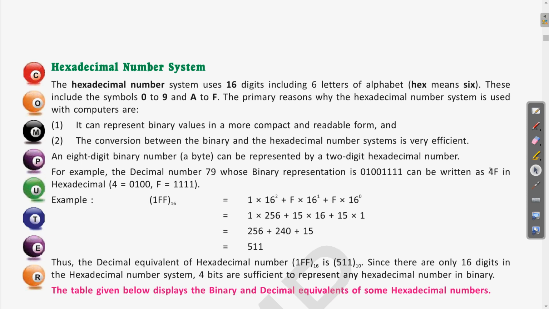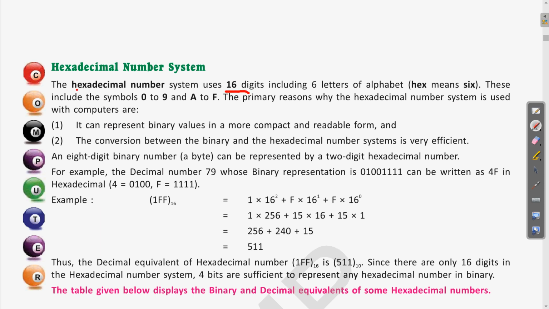So hexadecimal number system, as the name itself suggests, has 16 digits. Hex means 6 and decimal means 10. So hex plus deci means 6 plus 10, that is 16. Clear?